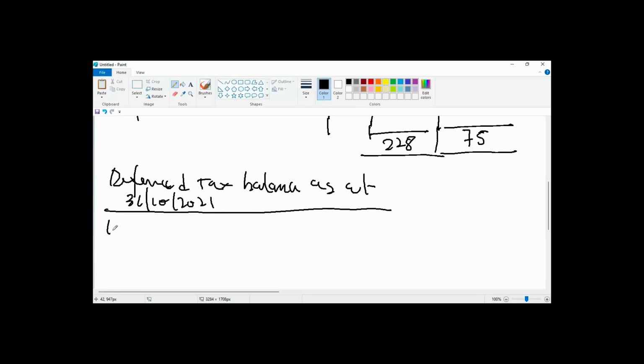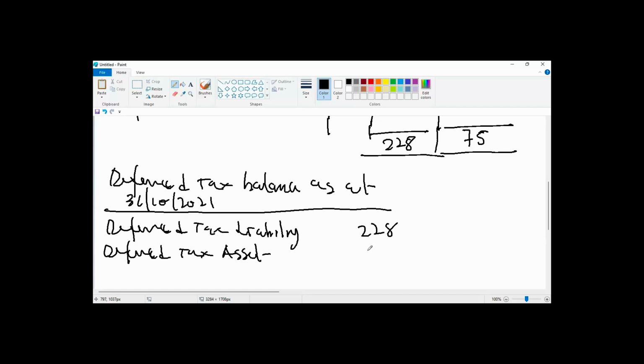Deferred tax liability 228, deferred tax asset 75. 228 minus 75 is 153. That's the end.